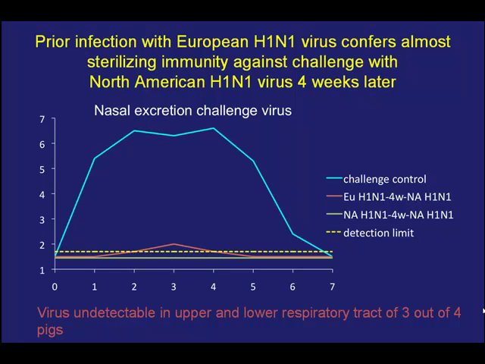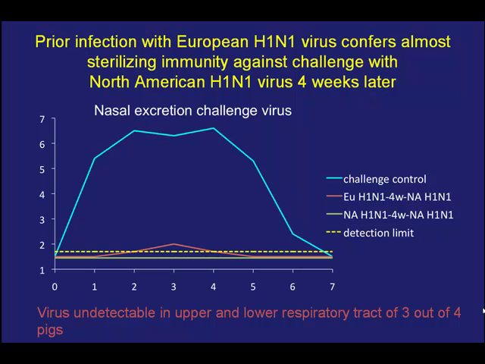So this is only a very recent study, and in this study, pigs were first infected intranasally with our European swine H1N1, and 4 weeks later, they were challenged with a North American triple reassortant swine H1N1 virus.